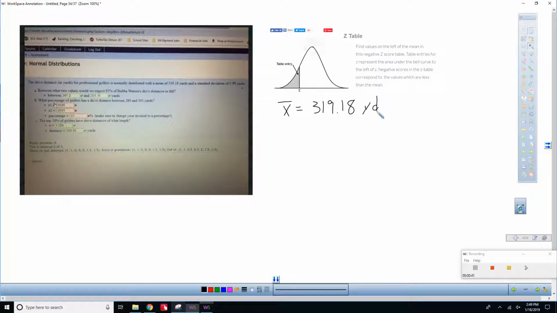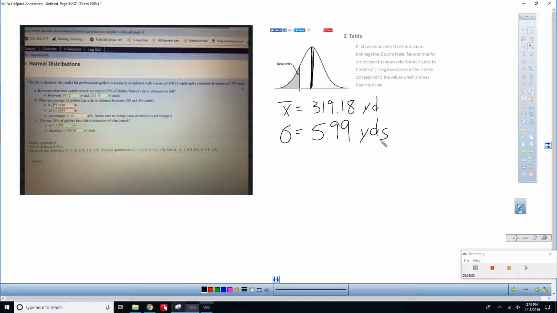That's right here, right in the middle of our normal distribution, or our bell curve, our normal curve, I should say. And that's the average drive. Now, as you can see, our standard deviation, so like the distance away from the mean, is 5.99 yards. So basically, each standard deviation measures how likely something is to happen.